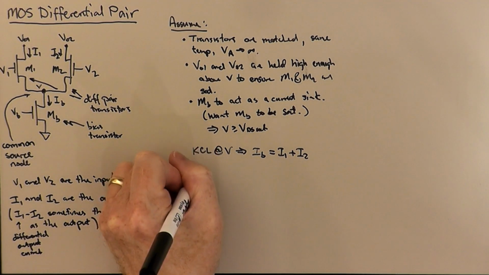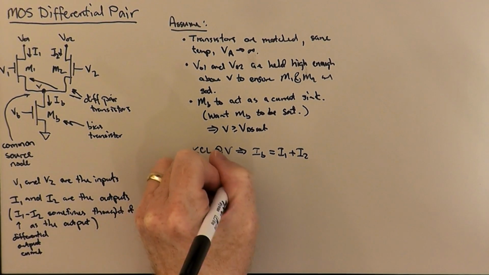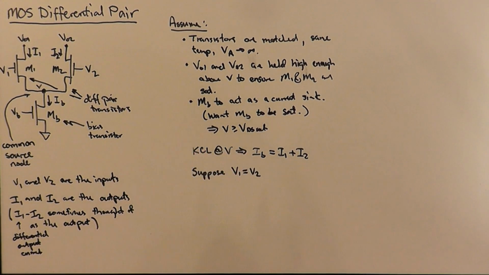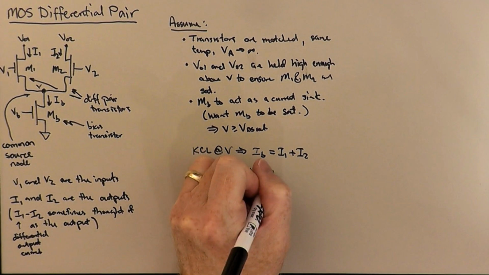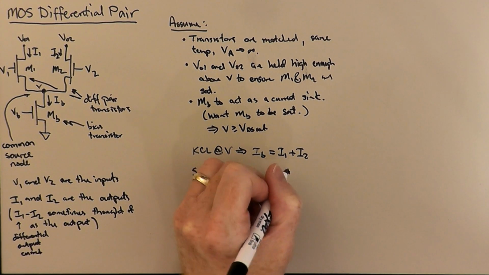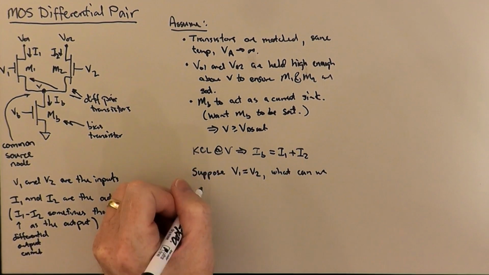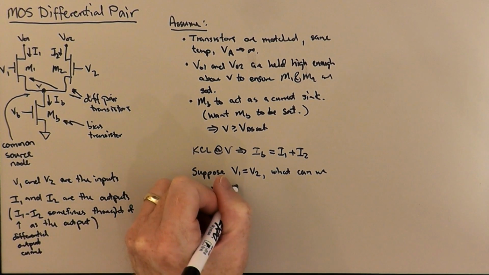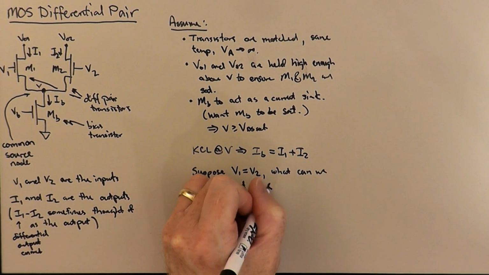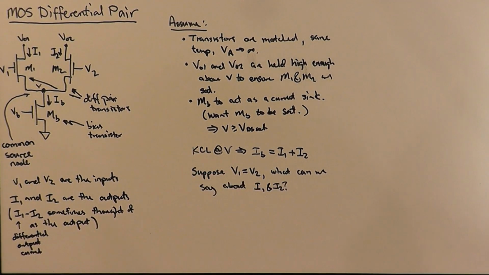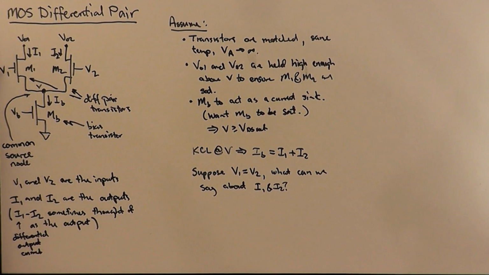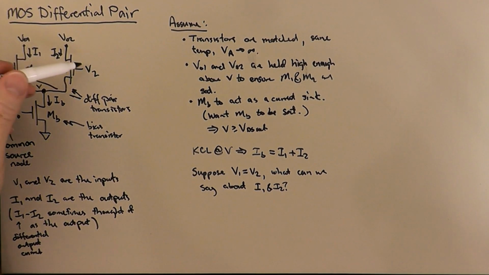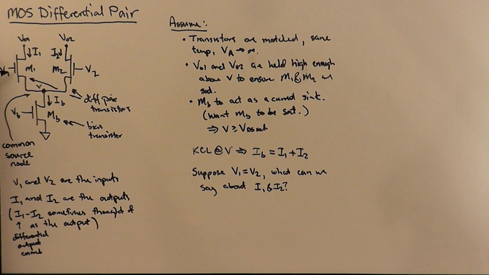Suppose V1 equals V2. What can we say about I1 and I2? Well, if V1 equals V2, then these two transistors, M1 and M2, will have the same gate voltage. By the way they're connected, they also have the same source voltage.